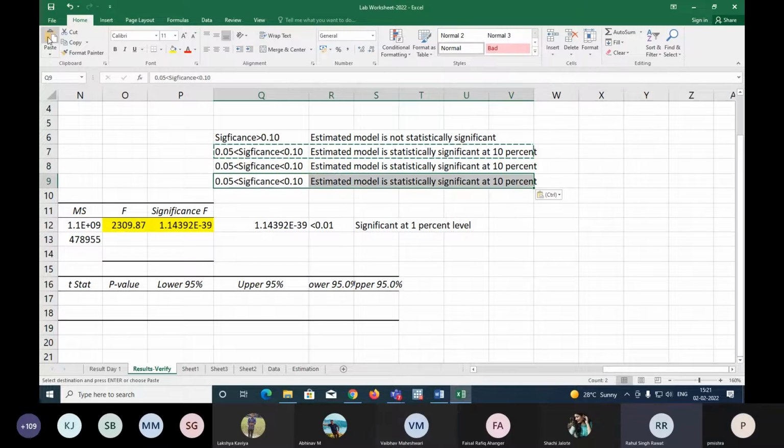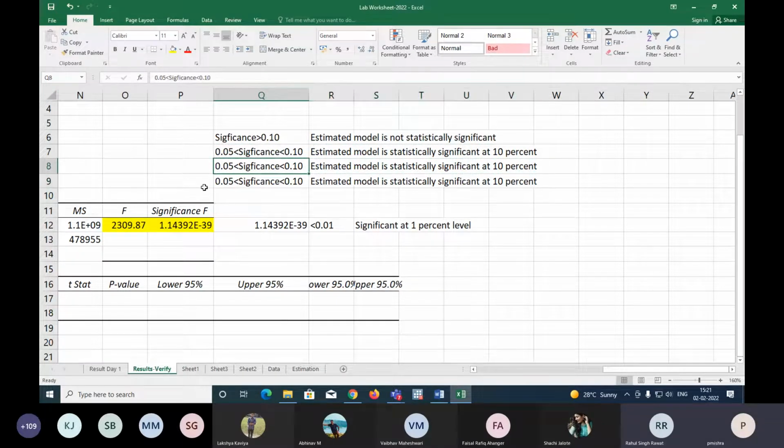Okay. So suppose this is less than 0.05, but greater than 0.01. Then we'll say it is significant at 5%.